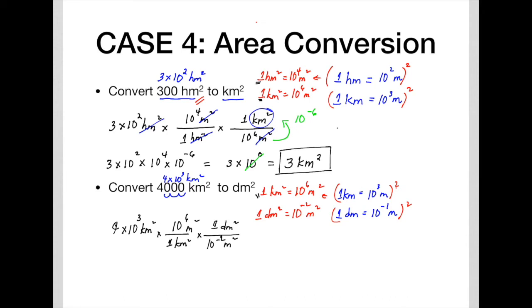So I have to take note that I have to cancel now the units, meter square, then meter square, and then therefore I have here 4 times 10 raised to 3 times 10 raised to 6 times 10 raised to 2. And that is equal to 4 times 10. We have 3 plus 6, that is 9, plus 2, and that is 11. So we have 4 times 10 raised to 11.